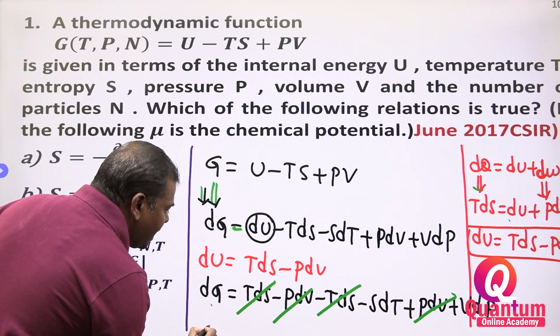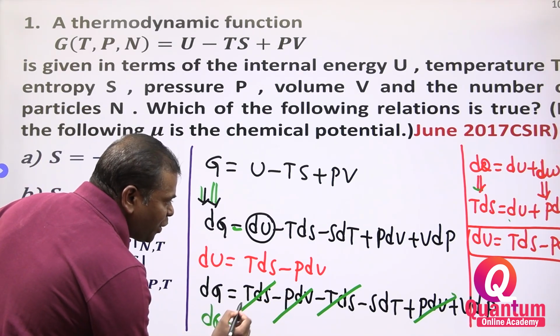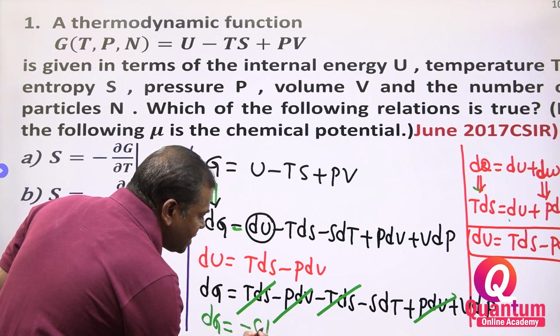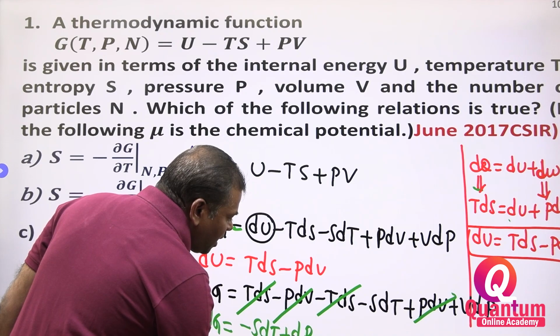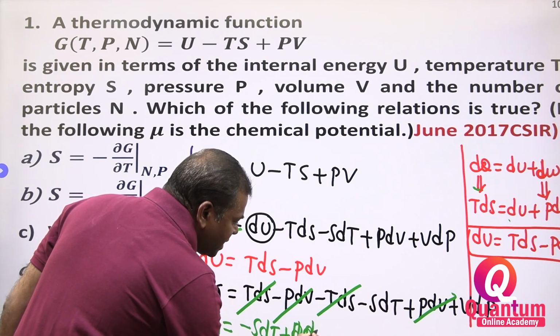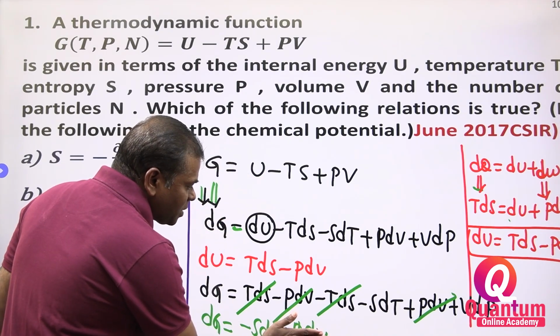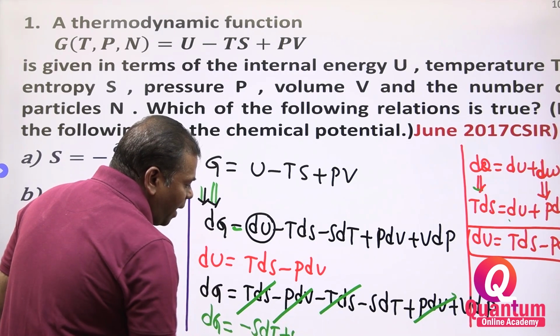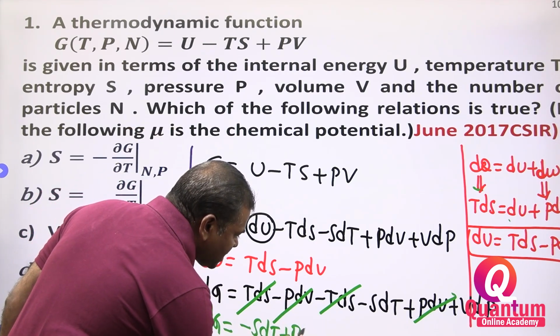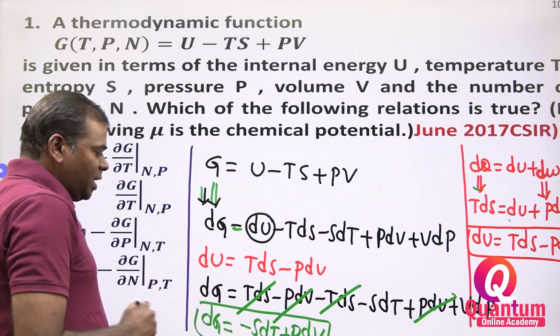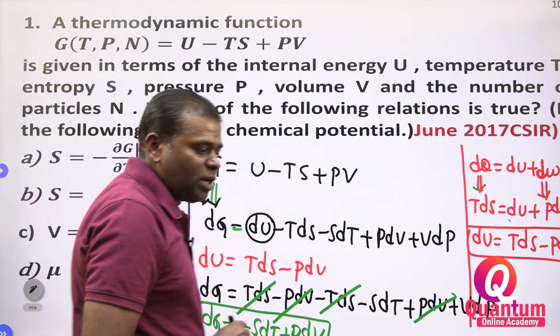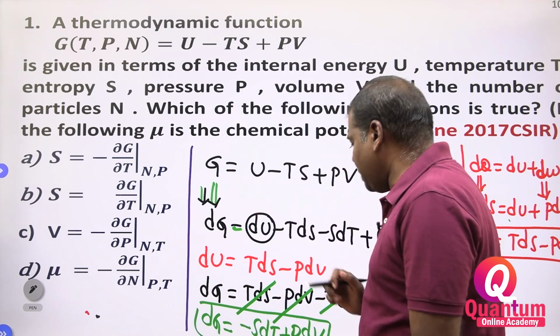Therefore, dG is equal to minus SdT plus VdP. This is the Gibbs function, dG is equal to minus SdT plus VdP.